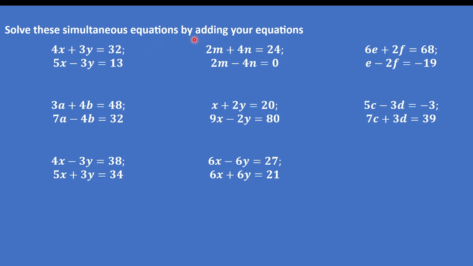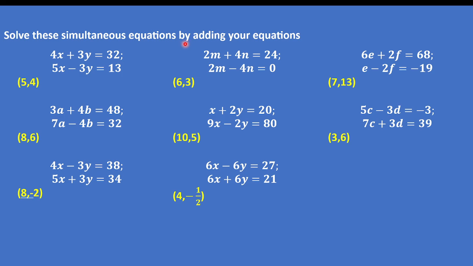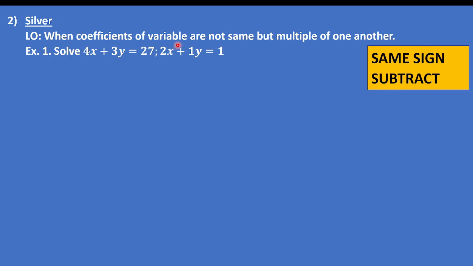You can take a screenshot of it. I'm going to give you the answers. These are the answers. You can take a screenshot of these as well for your practice. Practice makes you perfect, so it's always better to solve some examples after the understanding part. Now we are going to start the silver categorical examples.